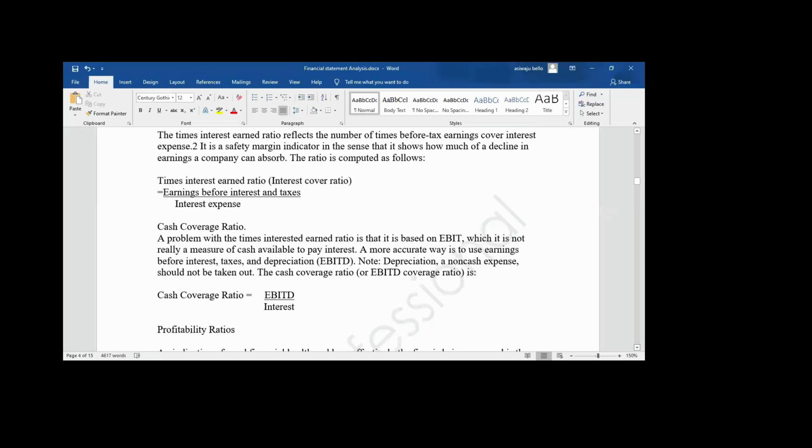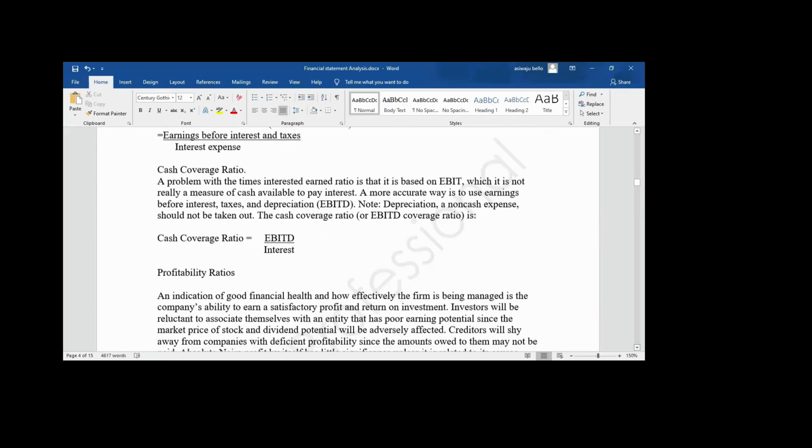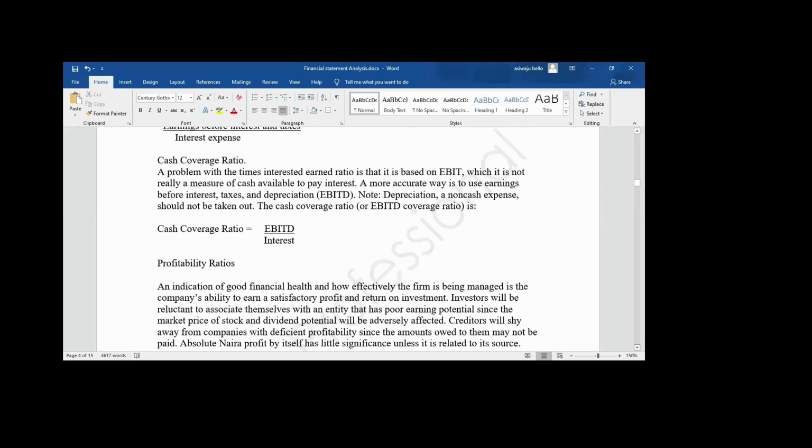Then number 3 is the discussion of profitability ratios. At any point in time, the financial health of any business is measured by the profits generated.